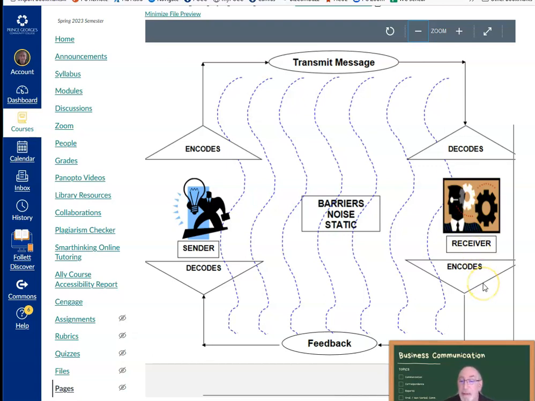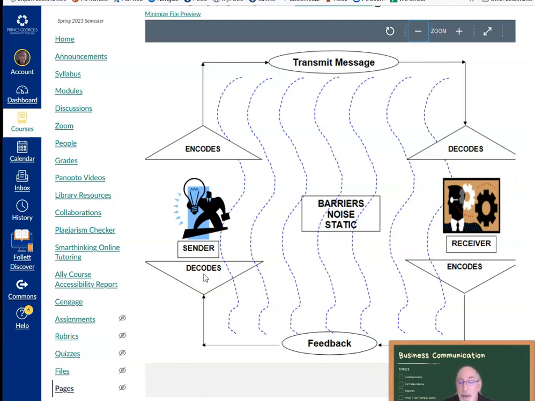Next, the receiver will then encode a new message in the form of feedback and return it to the sender, who must then decode it.